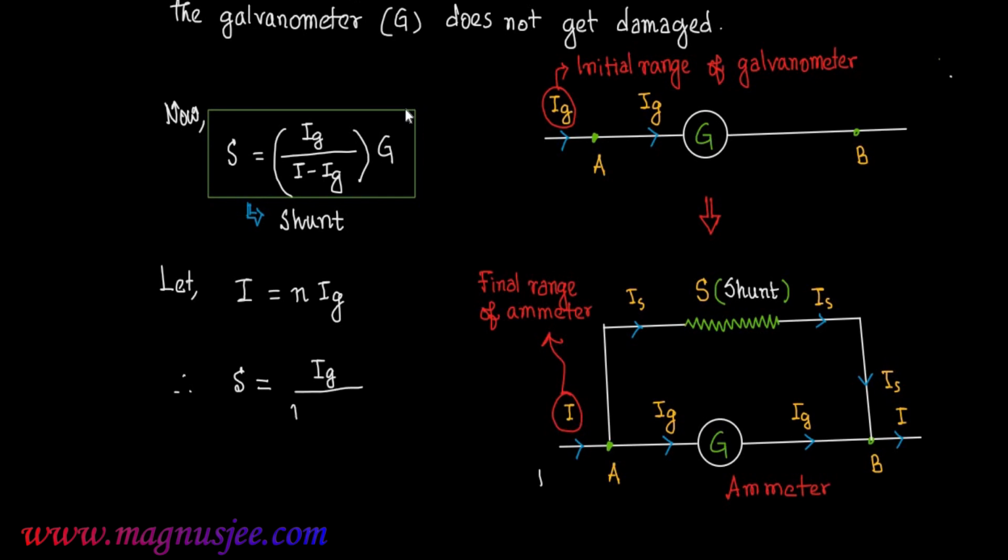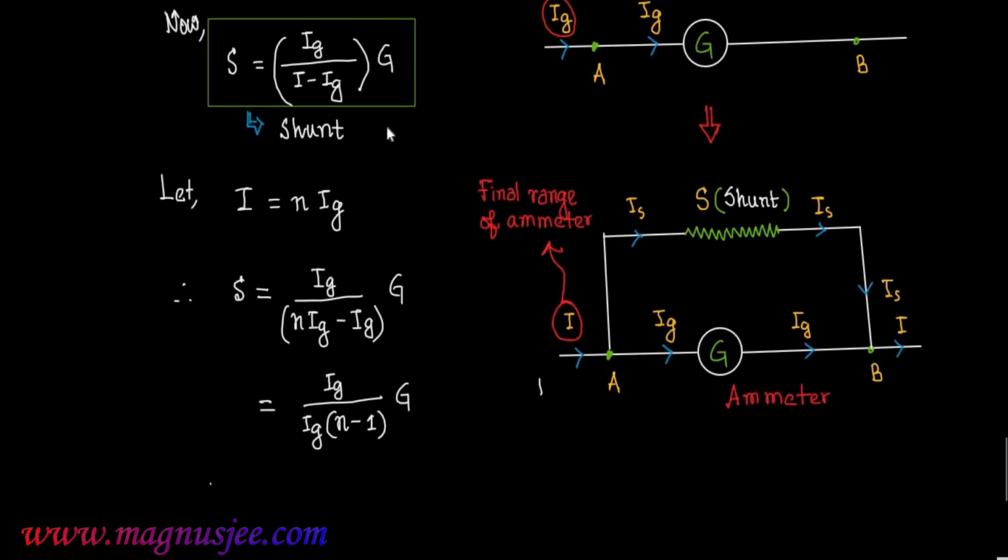Therefore, S is equal to Ig divided by (n Ig minus Ig) into capital G, equal to Ig divided by Ig (n minus 1) into capital G. So finally we get S equal to G divided by (n minus 1).